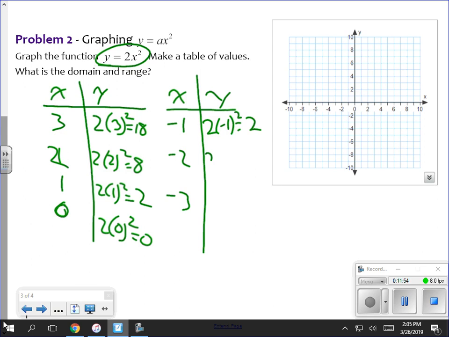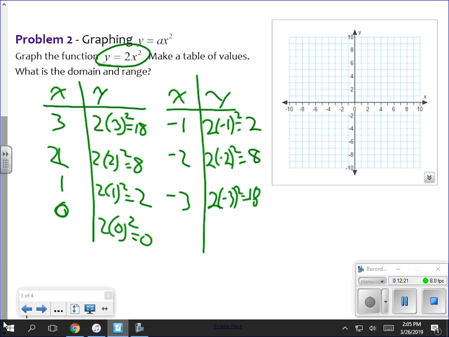When I put in negative 2, I have 2 times negative 2 squared. Negative 2 squared is positive 4. 4 times 2 gives me 8. And then when I put in negative 3, 2 times negative 3 squared, we've already got that number, 18.